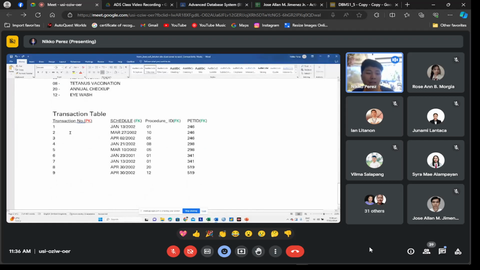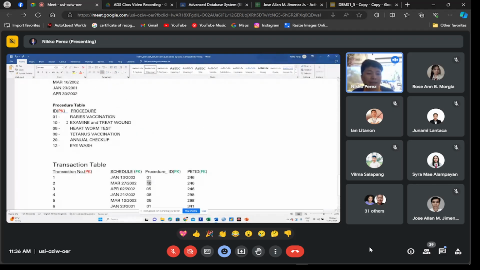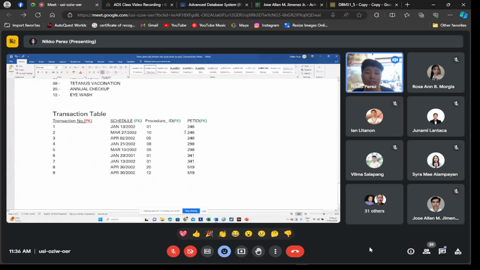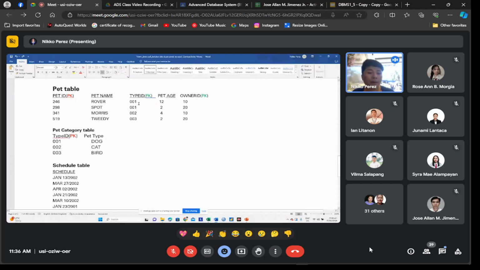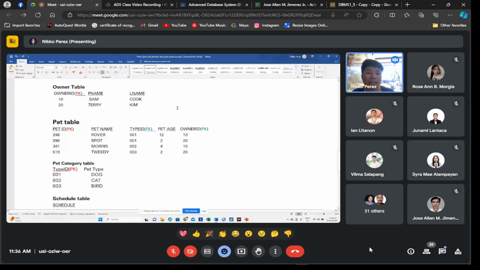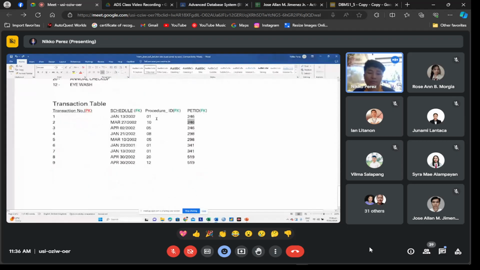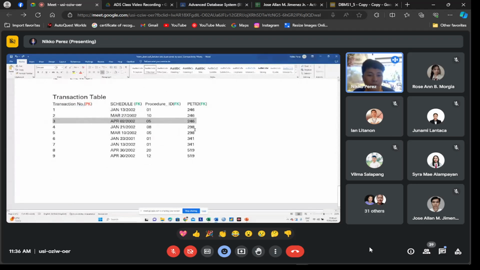Same with the other transaction number, ang ikaduha nga transaction number, March 27 naman, procedure nga gi-avail kay 10, which is examine and treat wound. Then 246, si Rover again, pet type dog, owner si Samcook. So the same reading we will be doing all throughout.